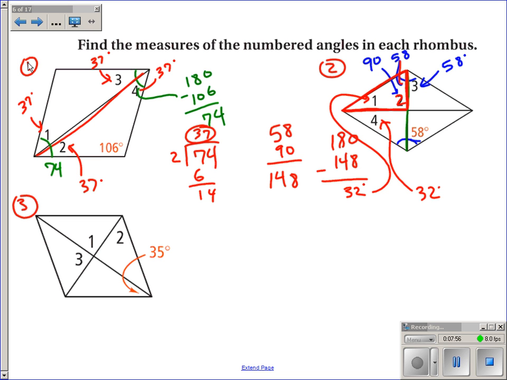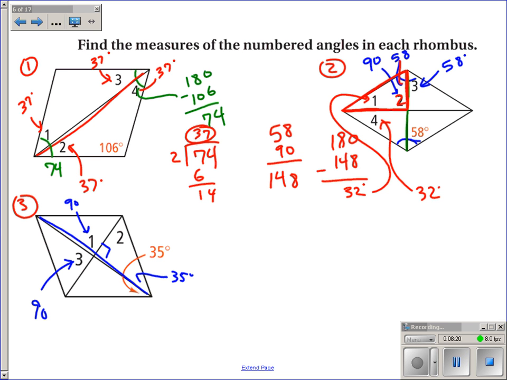Okay, the last one, number 3. Again, because the diagonals are perpendicular, angle 1 is 90 degrees, and angle 3 is 90 degrees. Now to find angle 2, I'll use the 35 degrees. Because this diagonal cuts this angle in half, this angle is also 35 degrees, and this is 90 degrees.